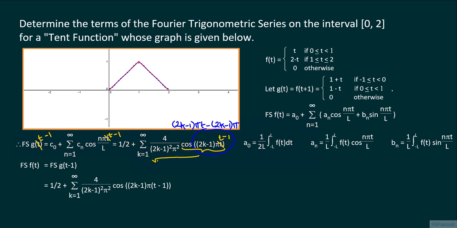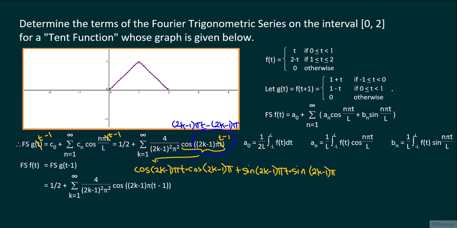This cosine quantity should be equal to cosine of 2k minus 1 times pi times t times cosine of 2k minus 1 times pi plus sine of 2k minus 1 times pi times t times sine of 2k minus 1 times pi.